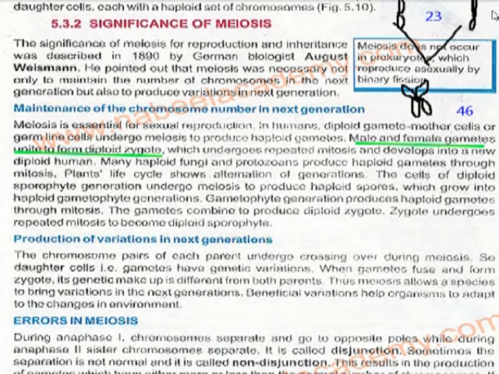What will happen? Okay, so see, if the chromosomes are already 46, understand, Allah Ta'ala has made a process which is meiosis. Why? Because we want to convert them into haploid.